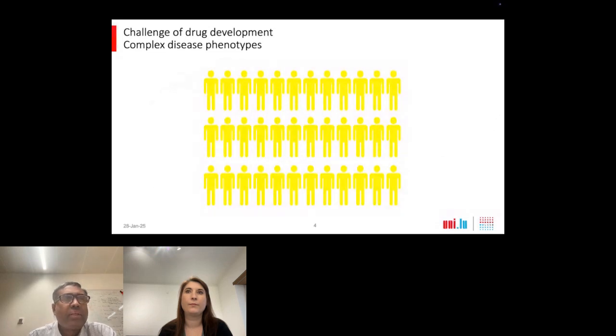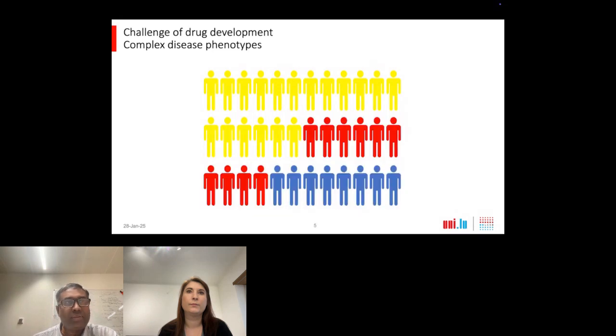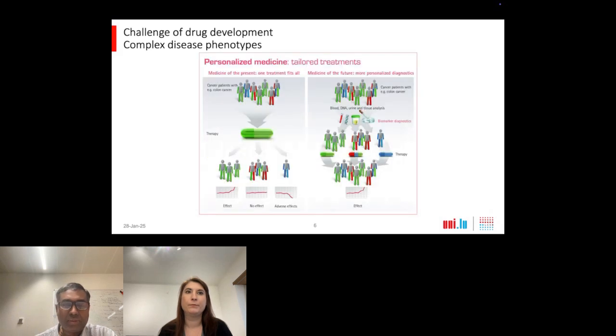So one complex issue in drug development is the complex disease phenotypes. How do we stratify these complex disease phenotypes? The reason is that genetic features are not the same.